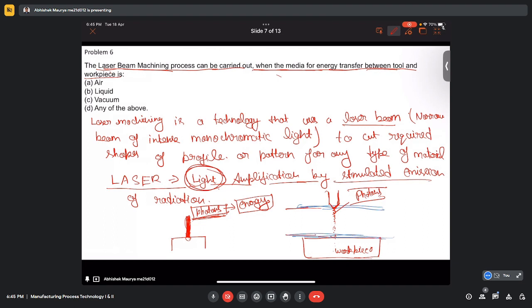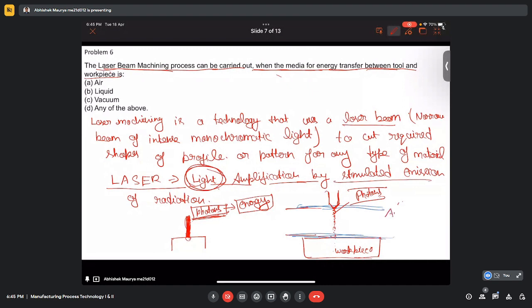Yes, their speed will depend, because we know that based on the refractive index of the material, the velocity of light changes, but the speed will just slow down, but ultimately it will reach the workpiece only.